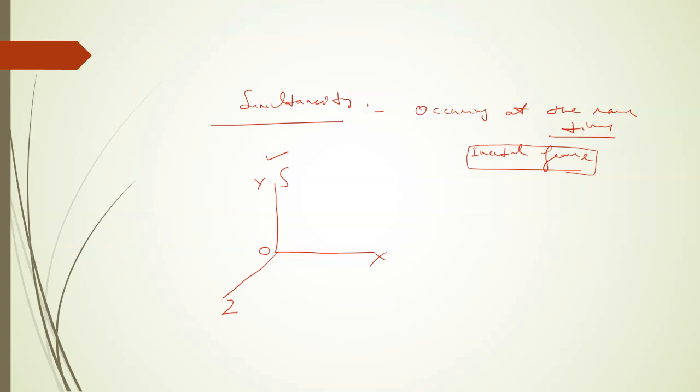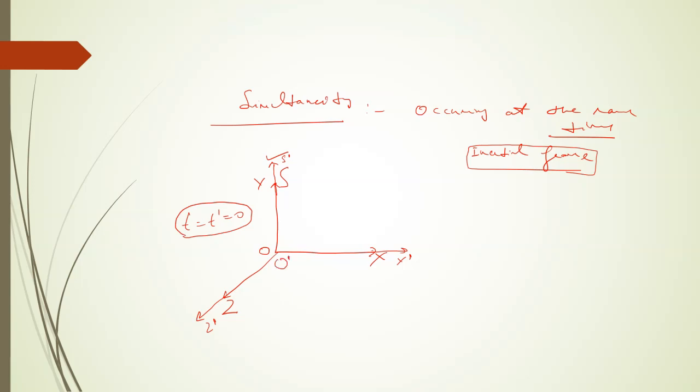But initially both the frames are at the same position. This is the S dash frame, with X dash axis, Y dash axis, Z dash axis. Initially, at time t equals t dash equals 0, both the frames are at the same position, that is O and O dash.